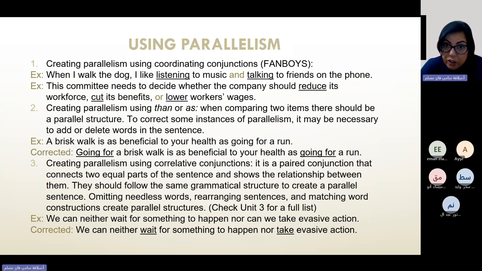The structure is different. Here it started with a pronoun, here it started with a verb. So we use the correlative conjunctions to make it parallel. Neither nor is a parallel construction of a correlative conjunction.